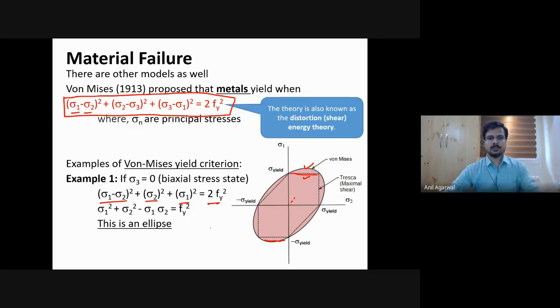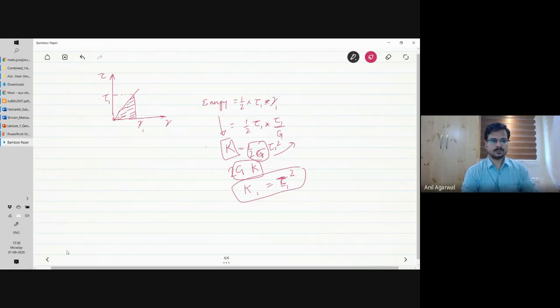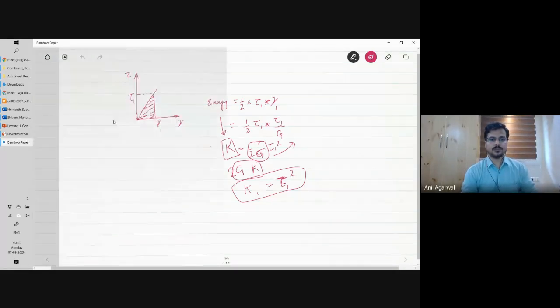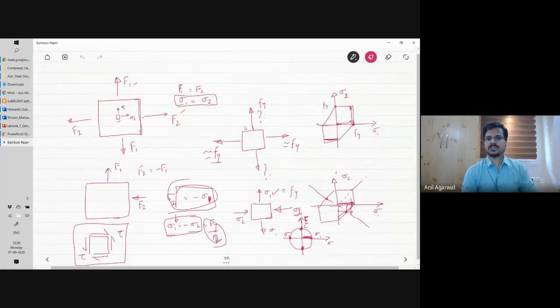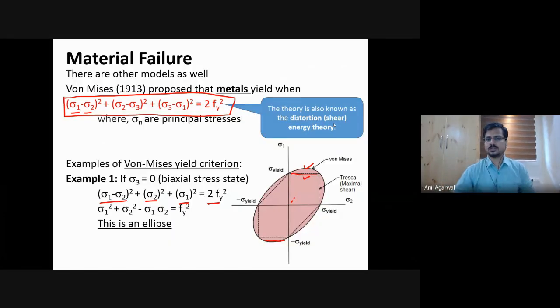So when sigma 1 is equal to sigma 2, as you remember this example, we were moving in this plane, correct? The prediction of von Mises is exactly the same as the prediction of Tresca.